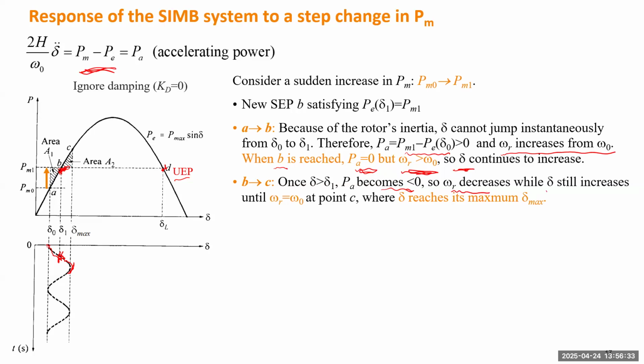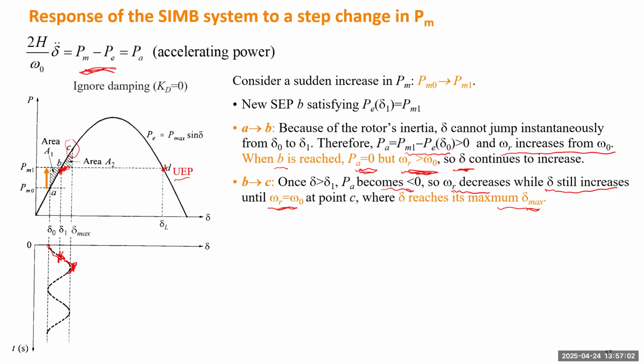Even so, the angle can still continue to increase, until the speed is equal to 60 Hertz again. That will be point C. At point C, the angle cannot increase further. It will reach the maximum value. So that's what happened here.